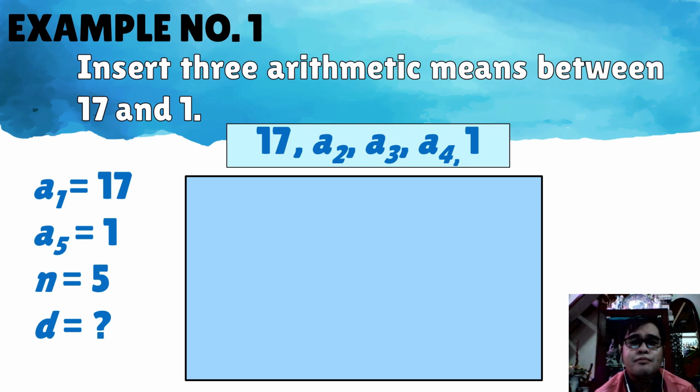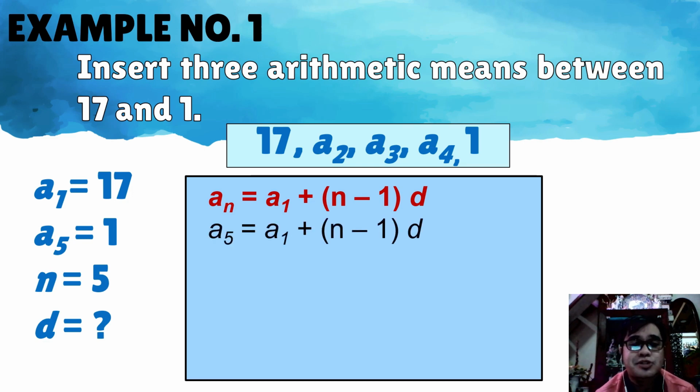So, in order for us to find the value of the common difference, we will be using the formula of arithmetic sequence, which is a sub n is equal to a sub 1 plus n minus 1 times d. After that, we are going to substitute our last term, which is a sub n, to a sub 5.